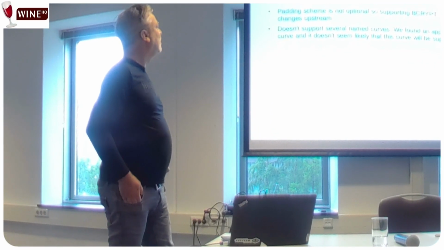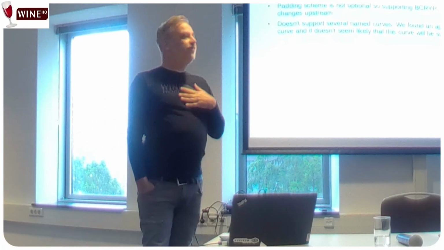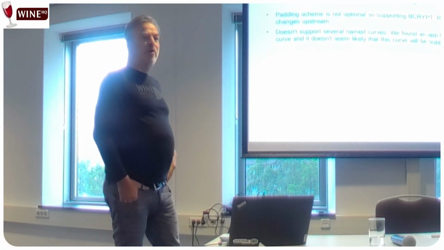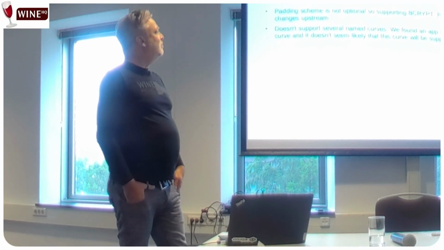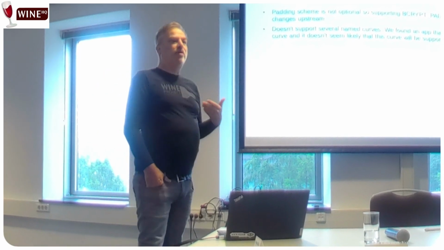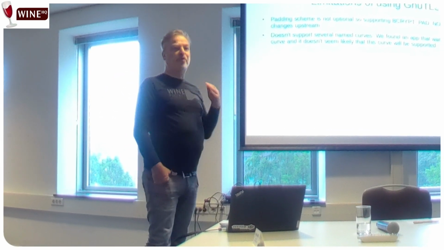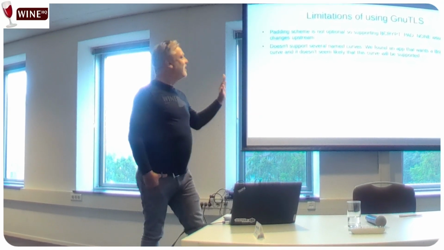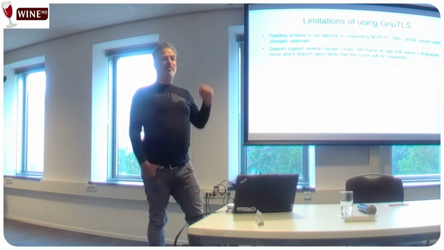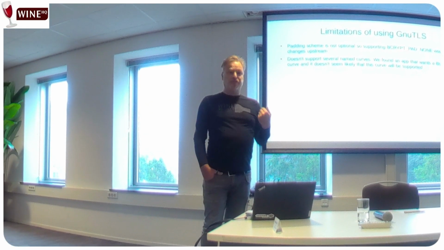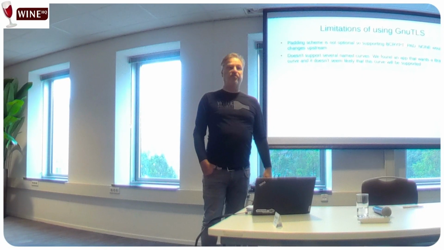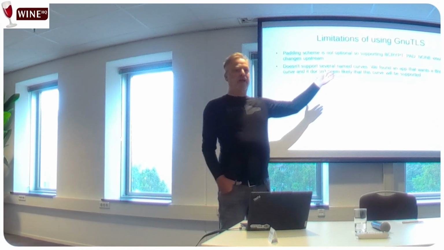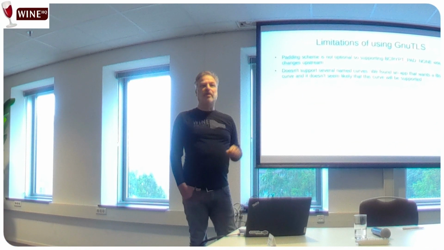Yeah, so another missing piece, actually more important. I'm not going to explain all the details of elliptic curves, but just know that there is a type of elliptic curve that is not supported in GnuTLS. Brainpool is a particular example that we encountered.